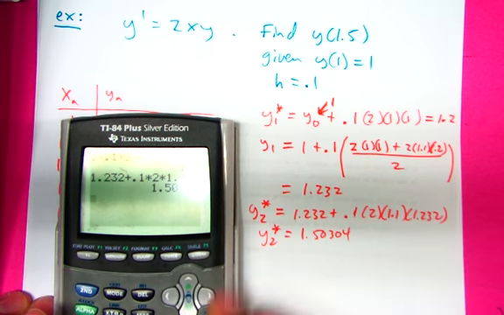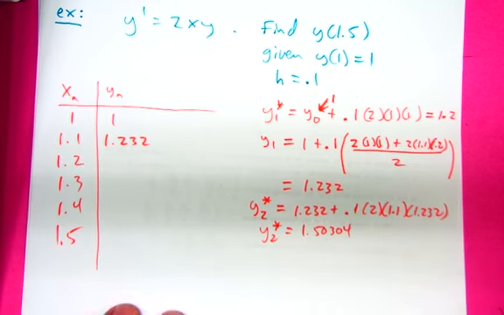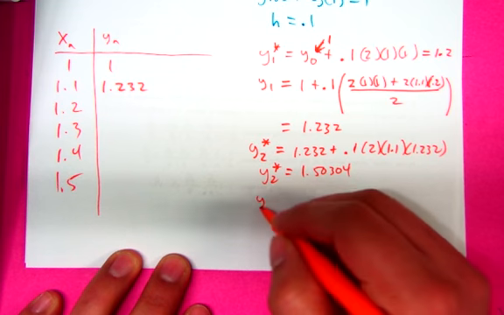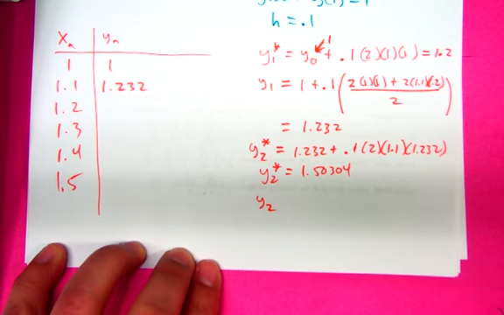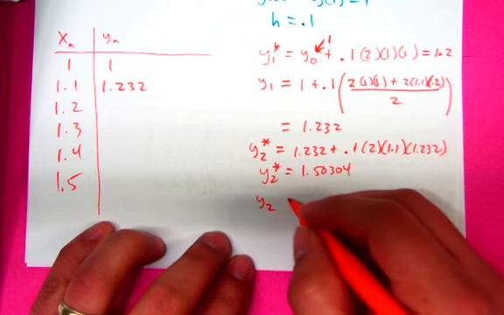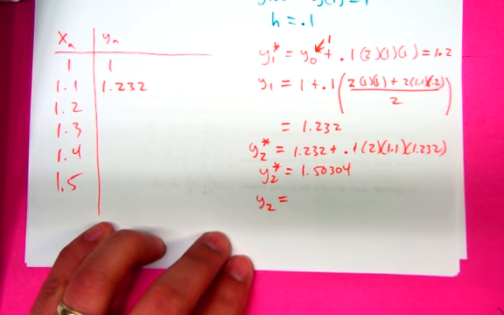That's 1.50304. Then once we have y2 star, we can get the next y value. You can see why I'm only asking you to do half of what they said in the book, right? If you want to do the whole thing, knock yourselves out.